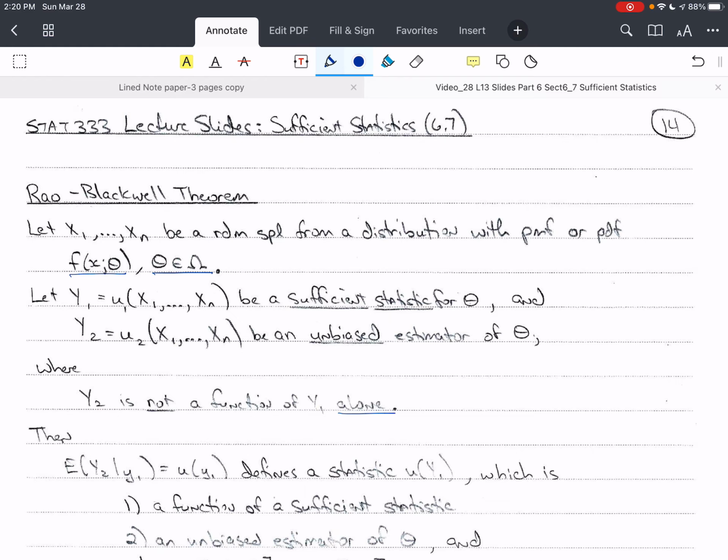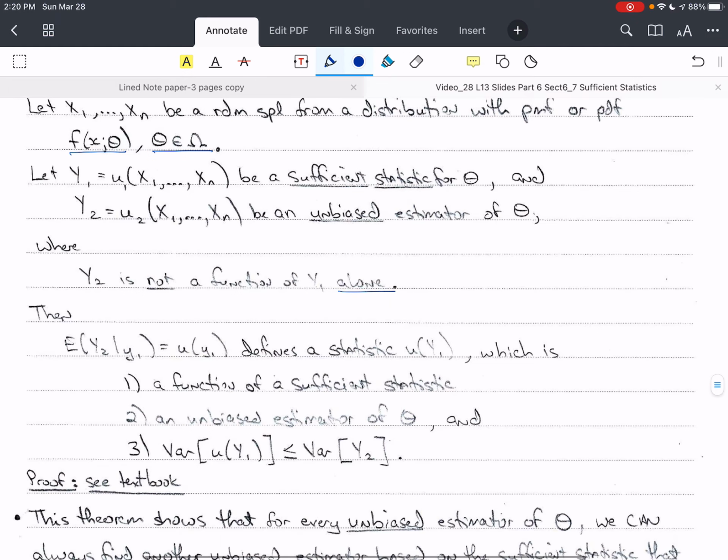Then the expected value of Y2 given Y1, which is u of Y1, defines a statistic that is first a function of a sufficient statistic, second an unbiased estimator of theta, and third has a variance that is less than the variance of Y2.